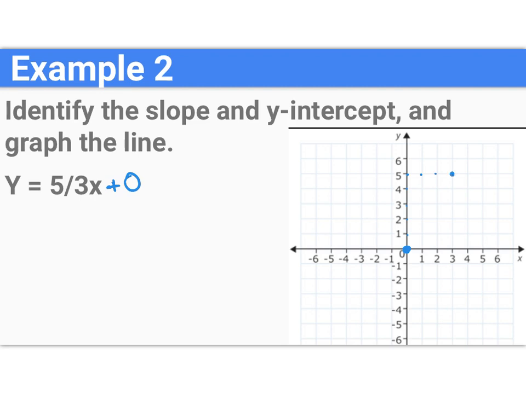And then we will connect our line through these points. So anytime you don't have a plus or minus anything, your line will go directly through the origin.